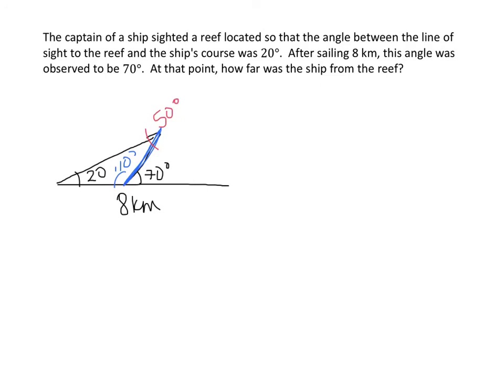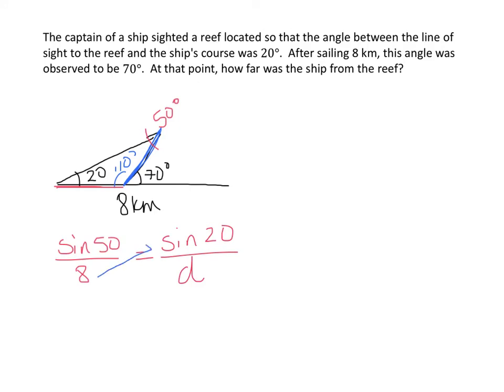We need this because in order to take the sine of the angle over its side, remember this 8 kilometers is what I've outlined in pink. So we take the sine of 50 over 8, and that will equal the sine of 20 over this blue side that's opposite the 20. And we'll call that d. This is one of those instances where you might want to put the variables in the numerator. It really doesn't make much difference.